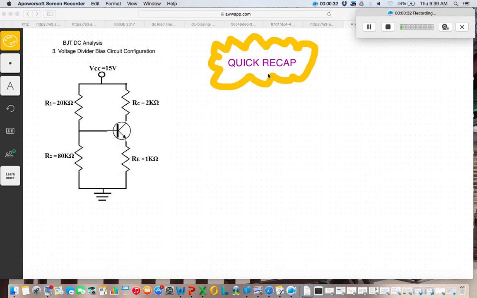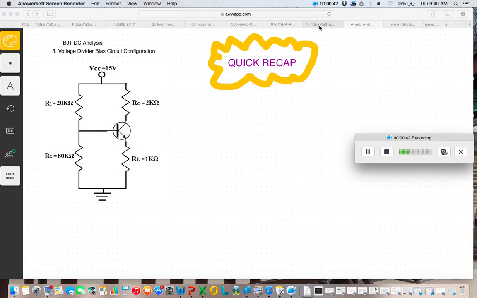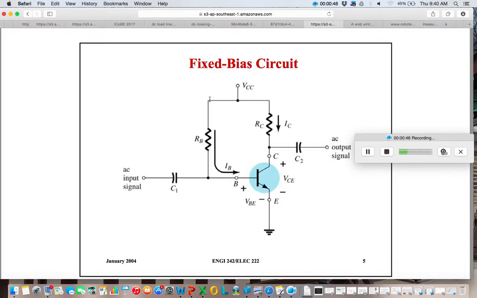Okay, so 2 weeks ago, we learned about the fixed bias circuit, as well as the emitter stabilized bias circuit. So this is an example of the fixed bias circuit. We have here RC, RB, and no RE at the E terminal.